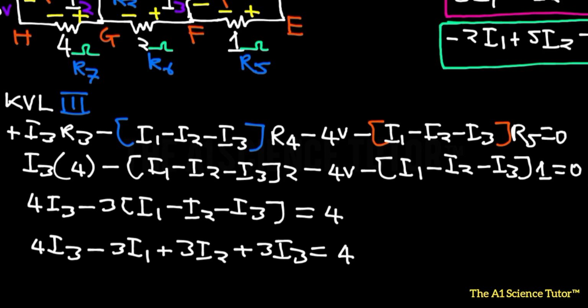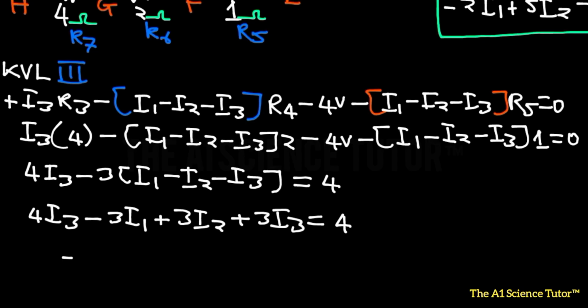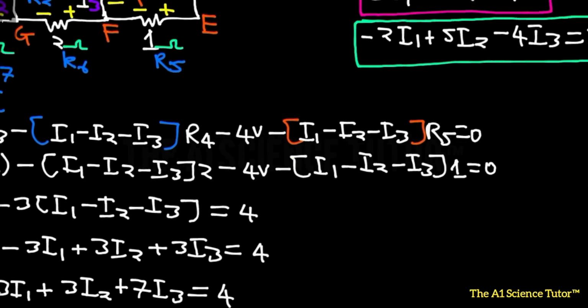This is all equal to 4. Now here we have 4I3 plus 3I3, that gives us a 7. So the real equation is -3I1 plus 3I2 plus 7I3. This is equal to 4. So I'm going to take it to this other side.